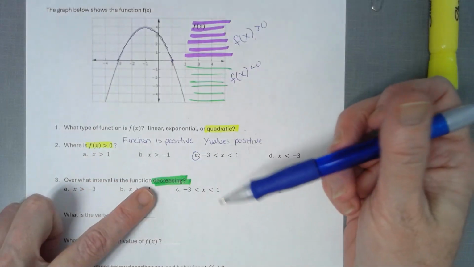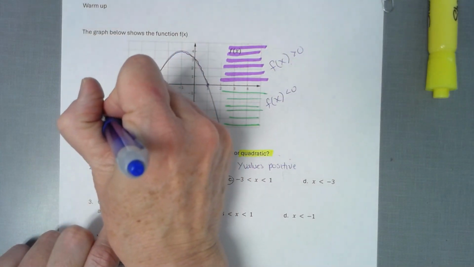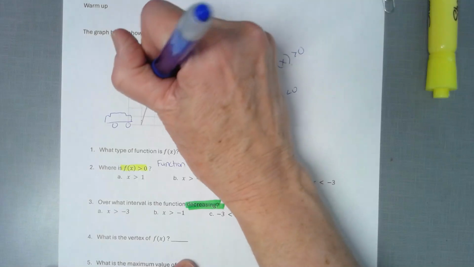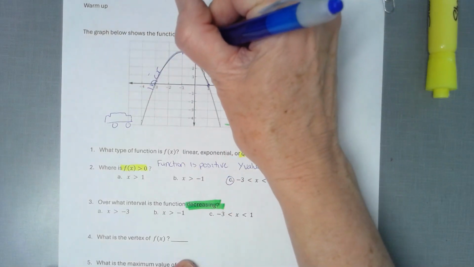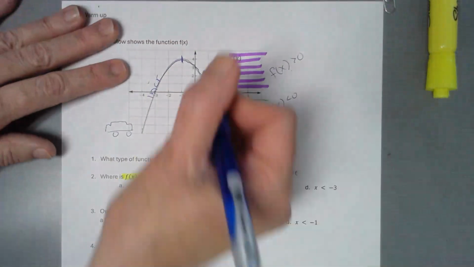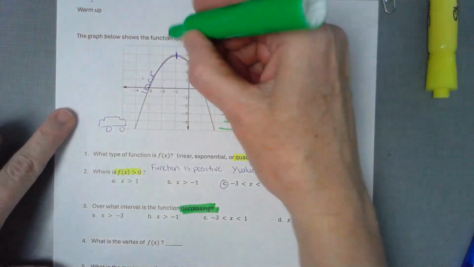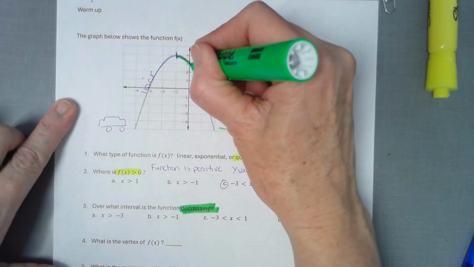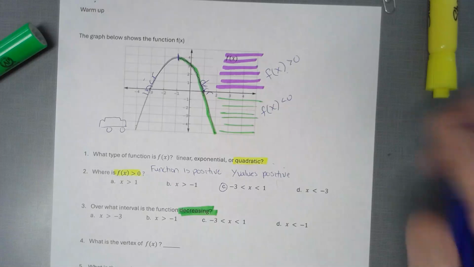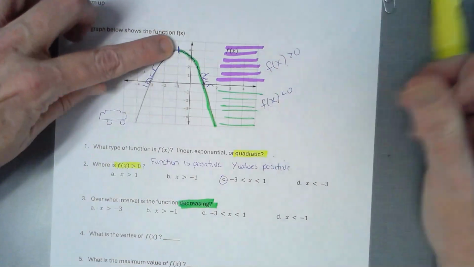So where is the graph decreasing? Well, remember, we ride in the car from the left, always. So when I hit this curve, am I going up or down? It's increasing here, and then all of a sudden right here, it changes and then it decreases. So decreasing is this part right here. And how do we identify it? The way we identify it is with the x value where it changes.